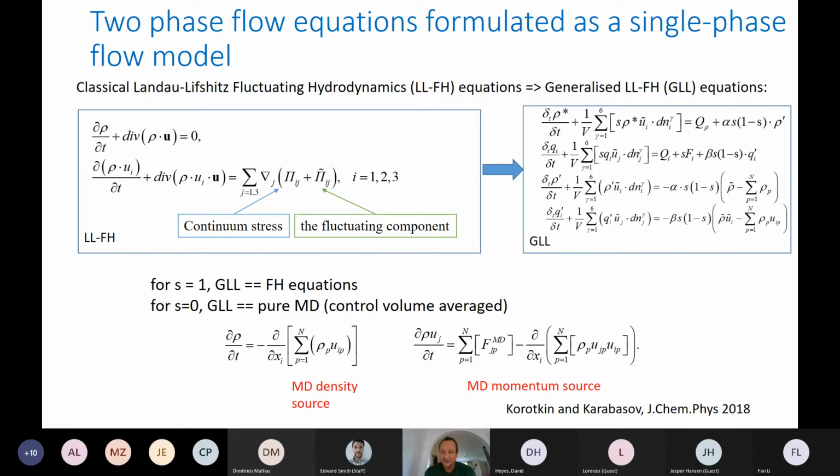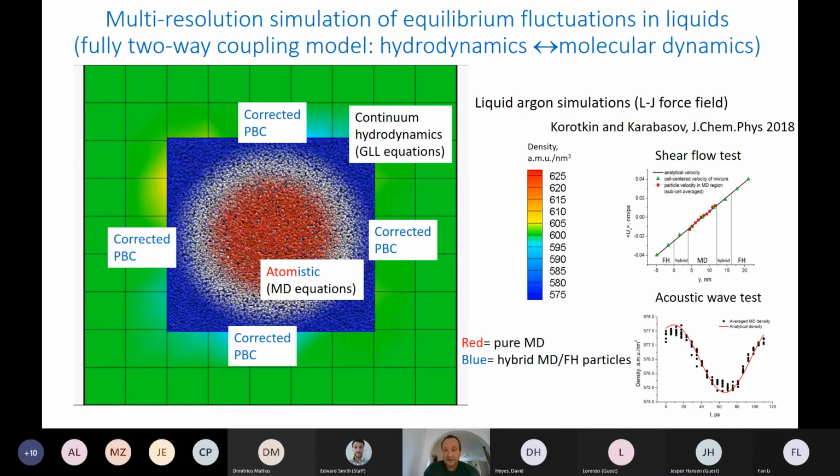So that's a very big difference in comparison with the classical Landau-Lifshitz model, which is only statistically equivalent to the molecular dynamics. The generalized model actually is exactly the same as molecular dynamics averaged over control volume.